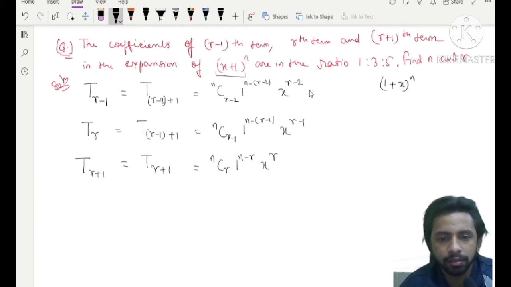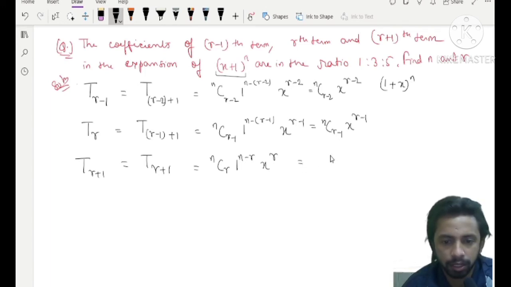The first term is equal to ncr minus 2 x to the power r minus 2. The second term is equal to nc r minus 1 x to the power r minus 1. The third one is ncr x to the power r. Is that clear?